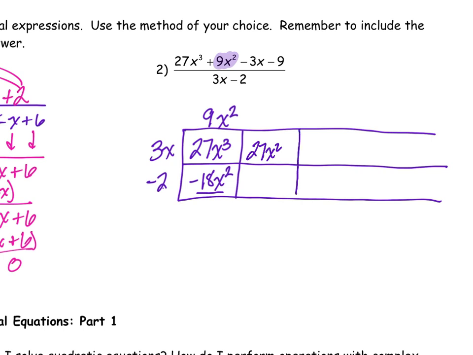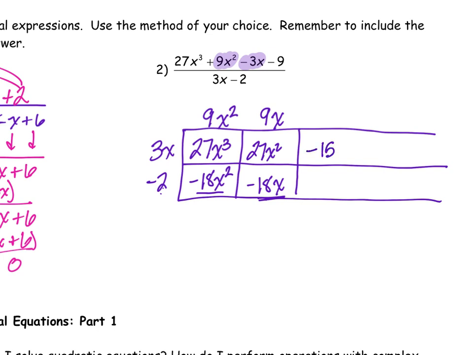Yeah. Okay, so again, what do I multiply 3x by to get 27x squared? Again, 9x, because 3x times 9x is 27x squared. So negative 2 times 9x is negative 18x. And what do I multiply negative 18x by to get negative 3x?